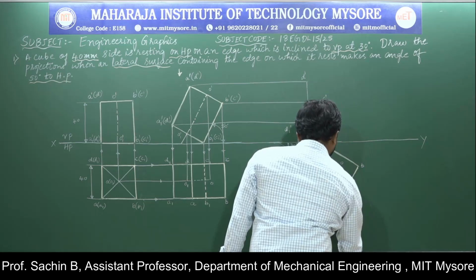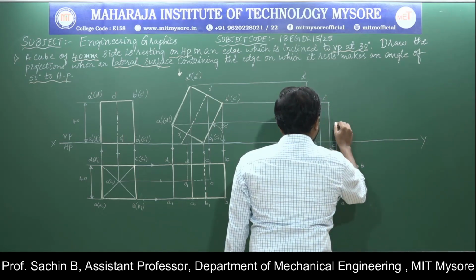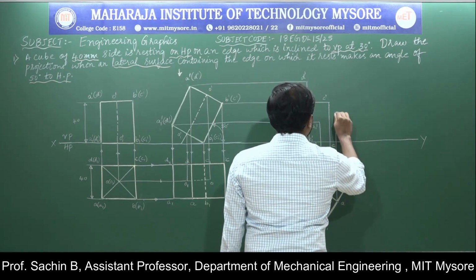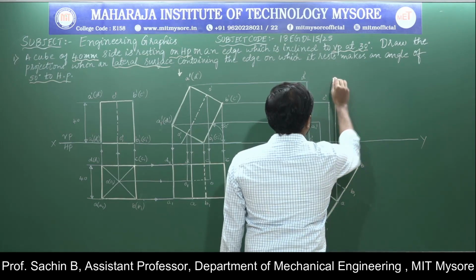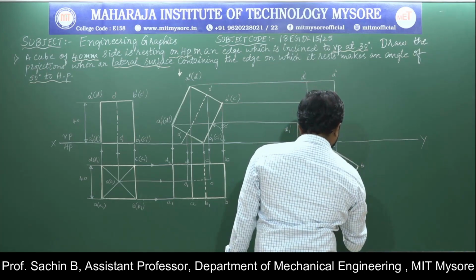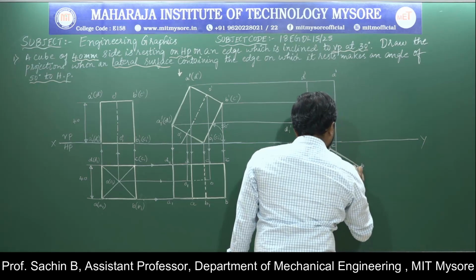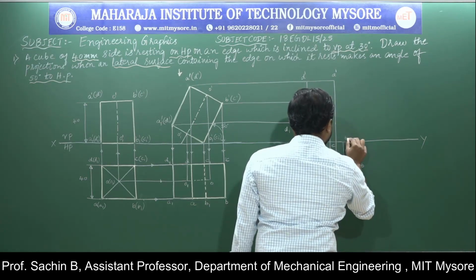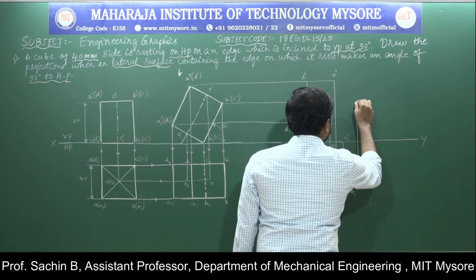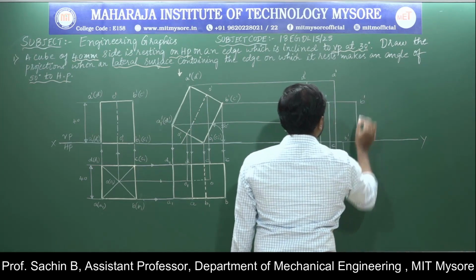Again from A point I am extending the line. A point is at the top. This is A dash. Again I will come to B1 dash point. It is in a resting edge. I am extending this till here. This is B1 dash. Again I will come to B point. I will extend this B point. This is my B dash point.